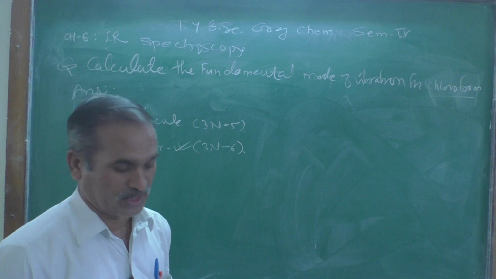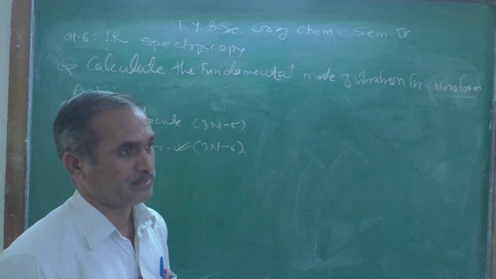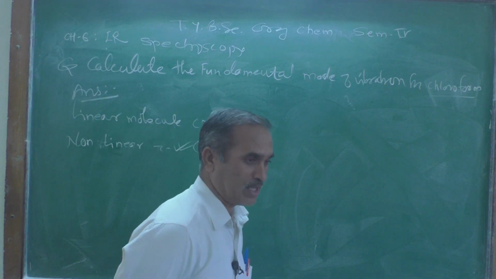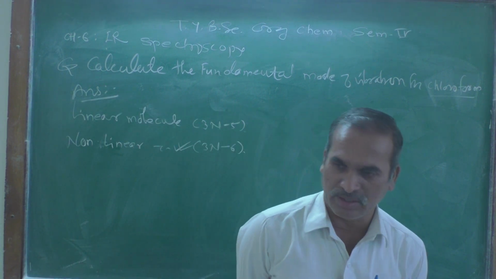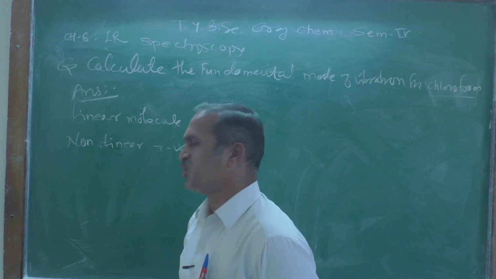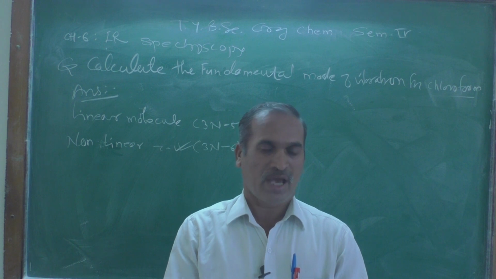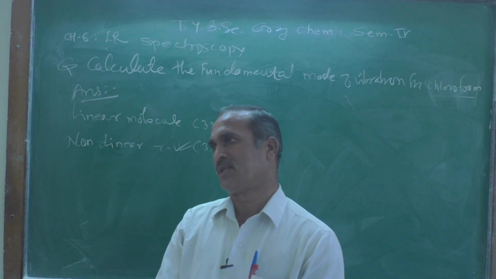Chloroform, sometimes the name is written in words, and sometimes the chemical formula is given. If the chemical formula is given, it is very easy. You just count the number of atoms involved in it.